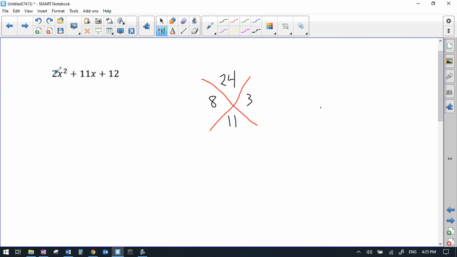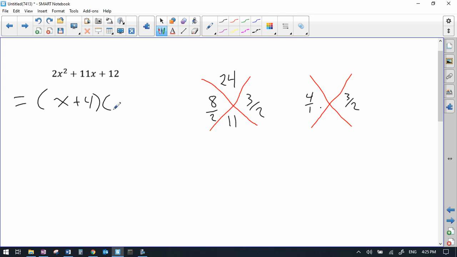I then take 8 and 3 and I divide them by 2. Reduce those numbers, and they do reduce. 4 over 1, okay, because 8 and 2 both divide by 2, and 3 halves. And that's going to give me my answer. X plus 4, so that's my x and my 4. And 2x plus 3. And if you check that one, you'll find that that does, in fact, work.